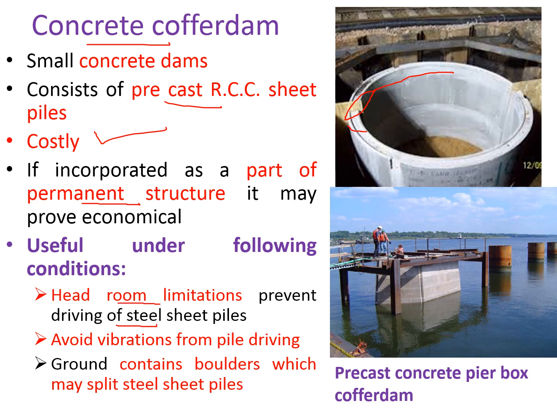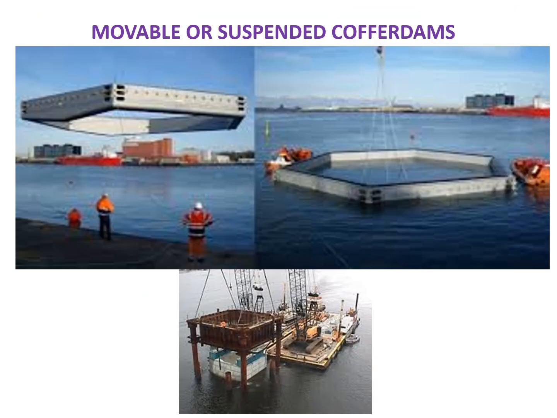So here you cannot find any sheet pile, you directly have to insert this. Then to avoid the vibrations from pile driving, and when the ground contains boulders etc., which may split the sheet piles. So when there are boulders, it is very difficult to insert the sheet pile. In that case such a ready-made concrete box can be utilized as a cofferdam.